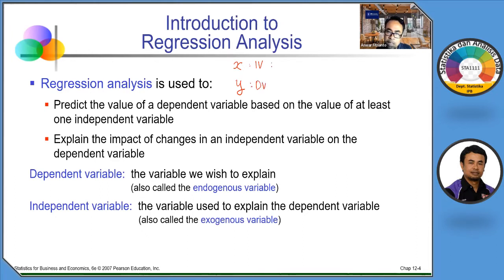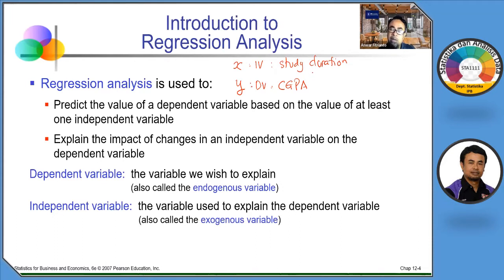So let's say a simple example: X is study duration, and the dependent variable is your CGPA. In this case, study duration has influence on CGPA, not the other way around.